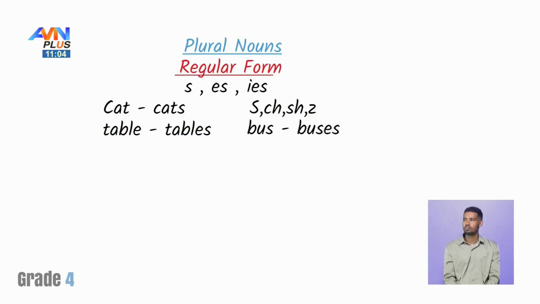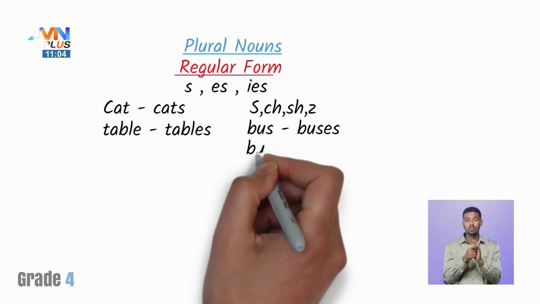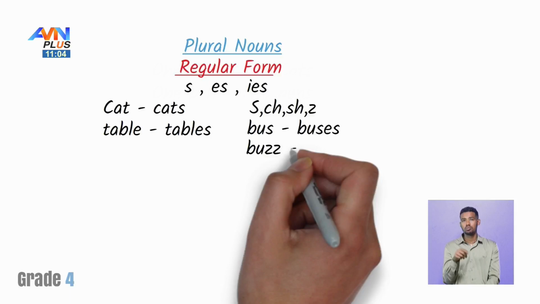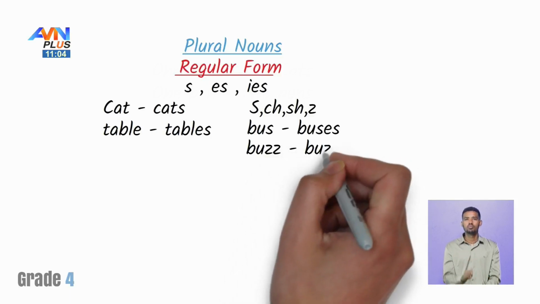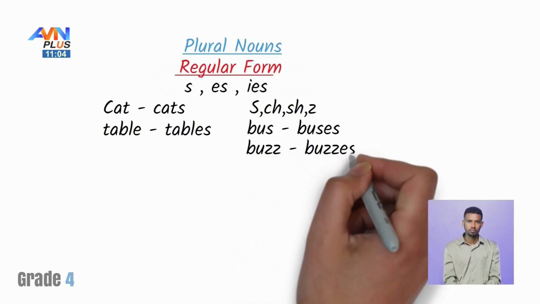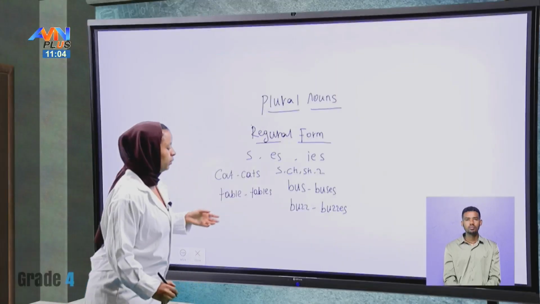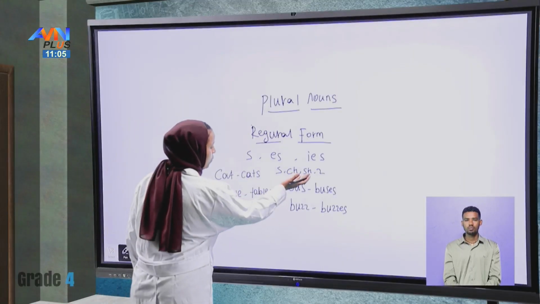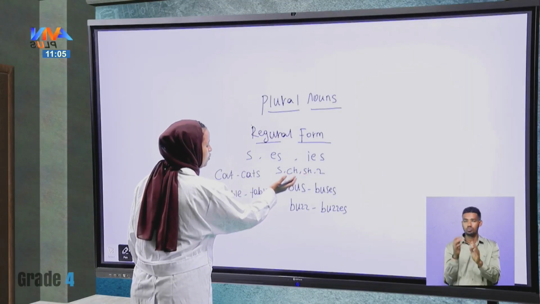For example, z, bus, buses. We can also take examples from sh and ch.